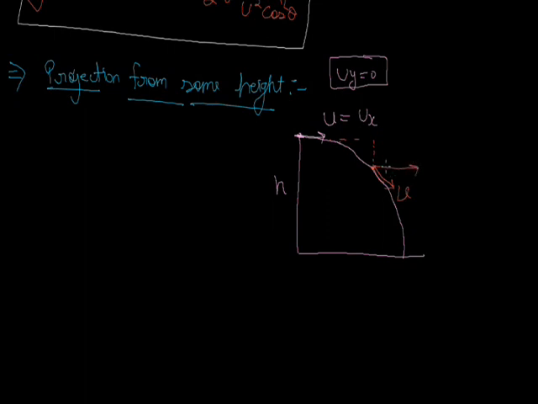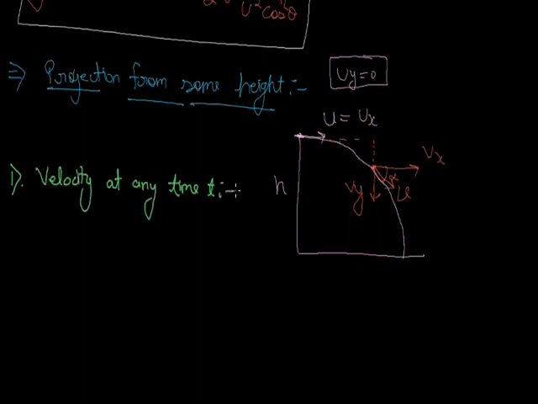Here it makes angle alpha, and this is Vx and this Vy. First of all we find the velocity at any time t. So in a 2D plane, we write V is equal to Vx i cap plus Vy j cap. This is our velocity at any time t.